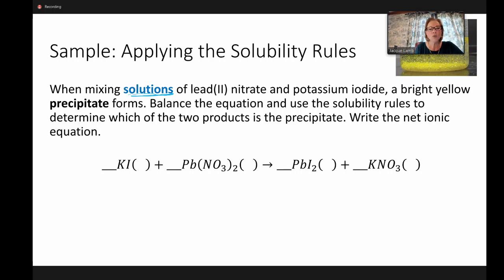So lead 2 nitrate is aqueous, and potassium iodide is aqueous. So I know what the states are for those two. Now, notice that this is going to form K plus ion in solution and I minus ion in solution, lead 2 plus ion in solution, and nitrate ion in solution.